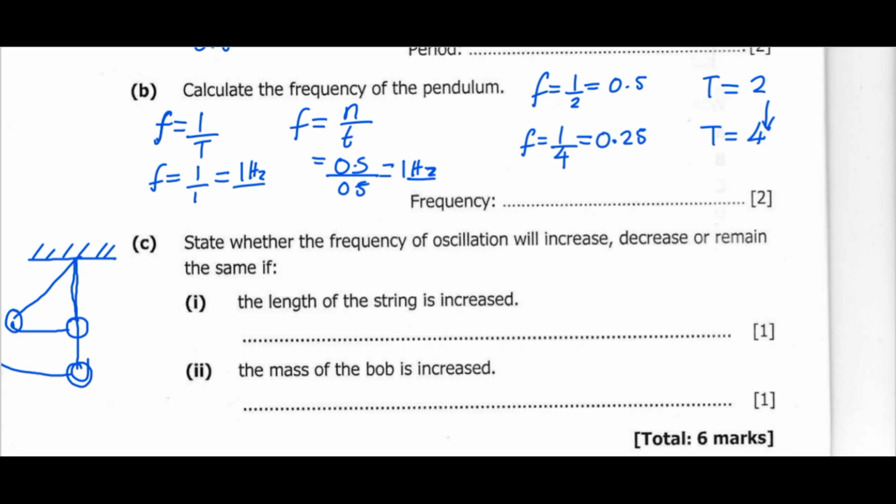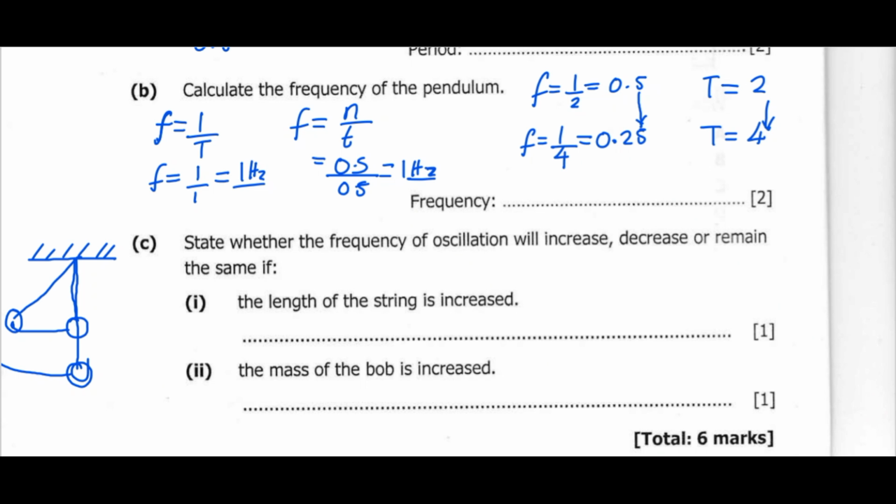The frequency changed from 0.5 to 0.25. So we can see that frequency reduced, 0.5 is greater than 0.25. So the point is, if period increases, then the frequency will decrease. So these two are inversely related. Why? Because if one increases, the other one will decrease.